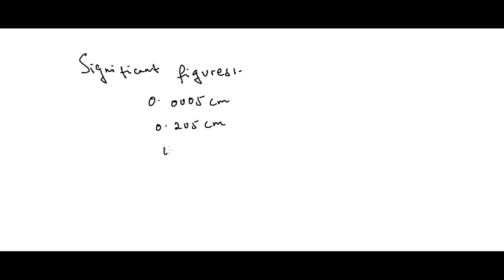Let's say we have 1.004 meter. Let's say we have 10,000 meter. Now in this case, I just picked the zeros, so let's pick a non-zero number. Let's put 2.0798.